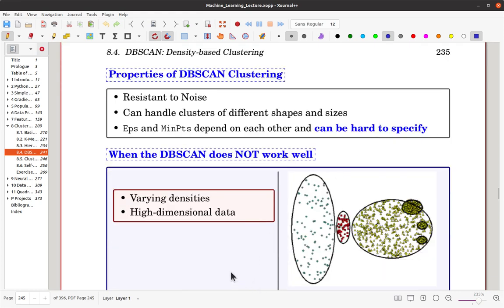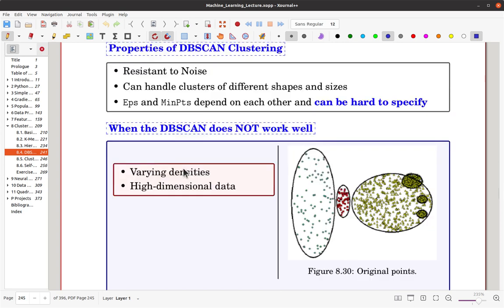Okay, here we consider the properties of DBSCAN clustering. It is good with noise, and also it can handle clusters of different shapes and sizes. Epsilon and M depend on each other and can be hard to specify in many cases. These are cases when DBSCAN does not work well.